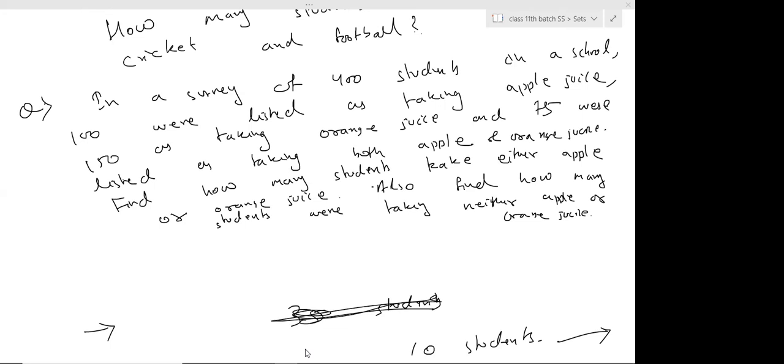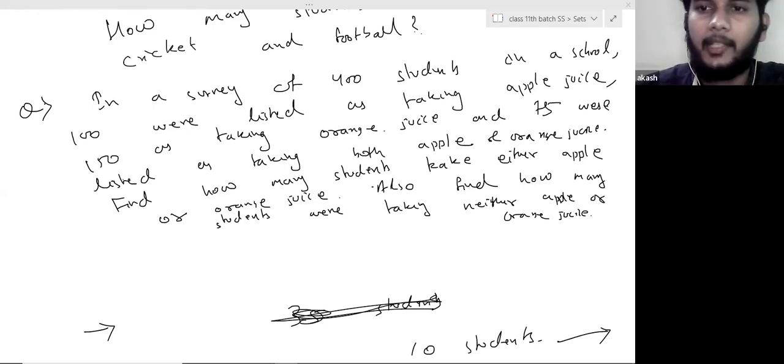Sir, the number of students taking apple juice and orange juice are already given. So why does the question say find how many students take either apple or orange juice? The number is already given, right? No, no. You are saying 75 were listed taking both apple and orange.